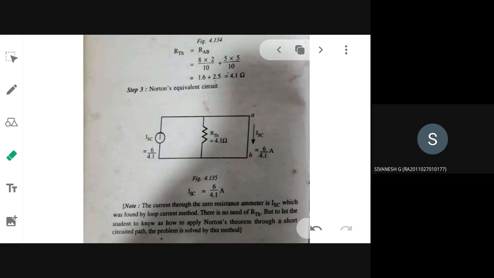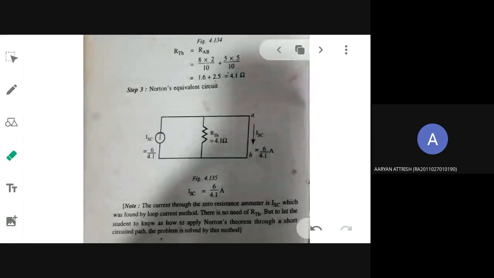Whichever terminal is being questioned for current or voltage, you should short it. Then adopting any method, you need to find the current through that branch. That is short circuit current or Norton's current.